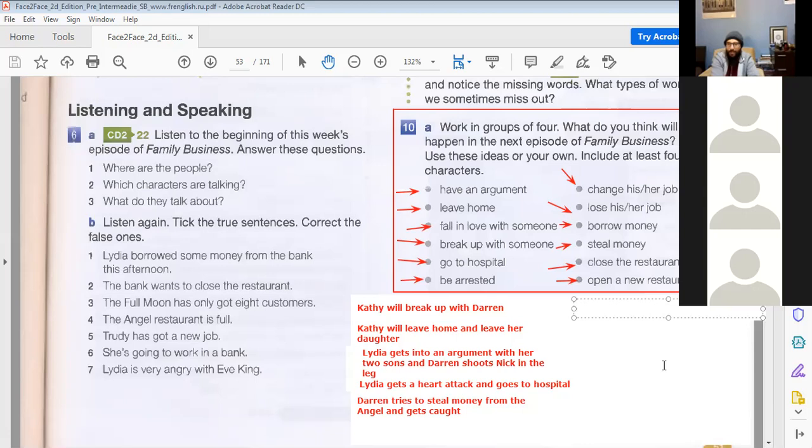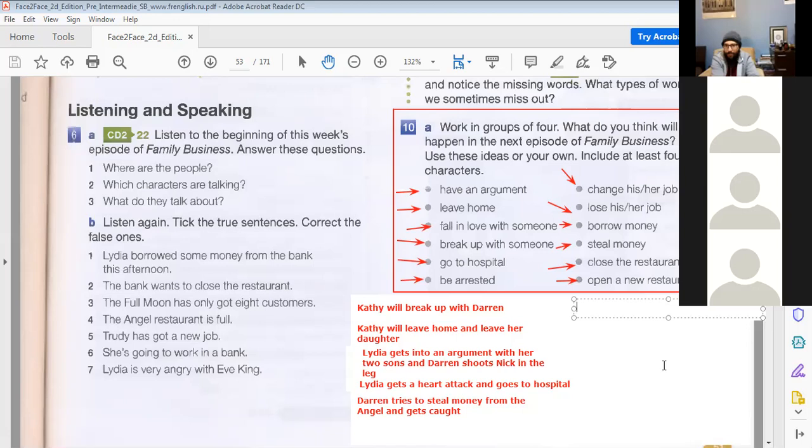What do you think, Selma? Who should we kill? Maybe Kathy has an accident. Maybe Kathy commits suicide. She kills herself. Or she has an accident while she's trying to run away. I like this. Why would she kill herself? Because Nick says he's the father, and everybody knows her secret now.